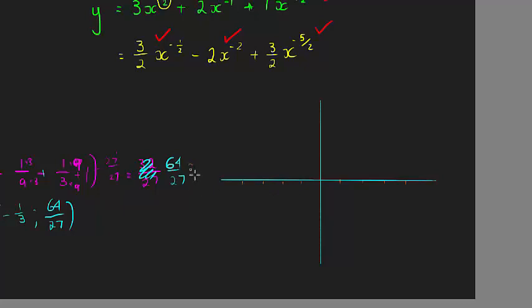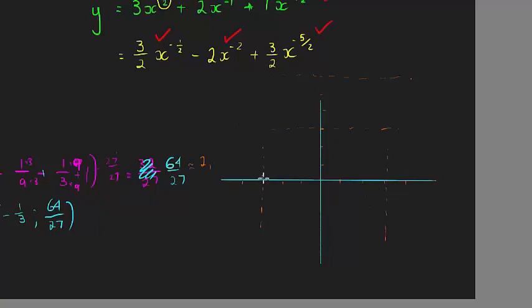This is roughly, see, 64 over 27 goes about 2 times in there, then it's 54, so 2 and a little bit, so I'll have to go up about 2 units, but especially since I'm working in thirds, let's make this 1, and that one 1, and then this one 1, and there's 2.